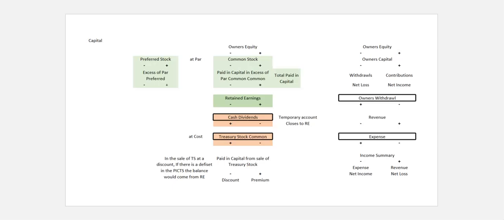So it has a different attraction than common stock, and preferred stockholders get paid first. Whatever's left goes to common stockholders.